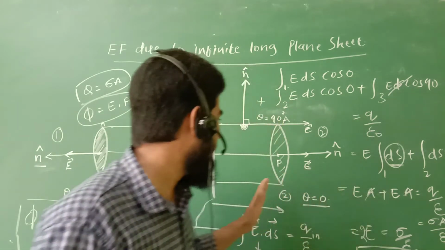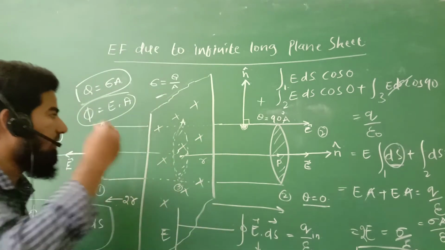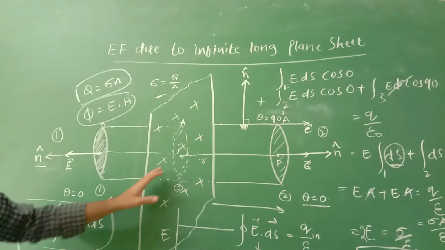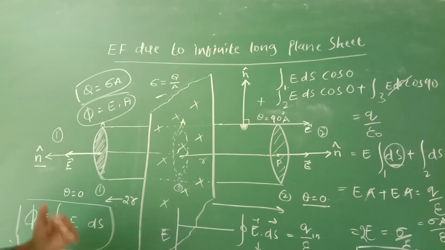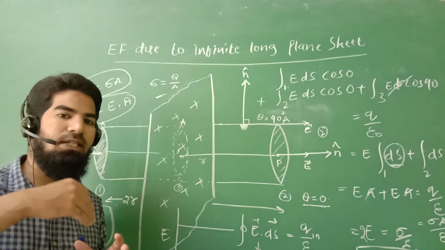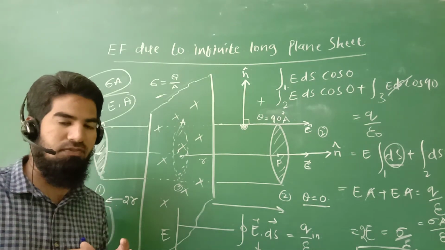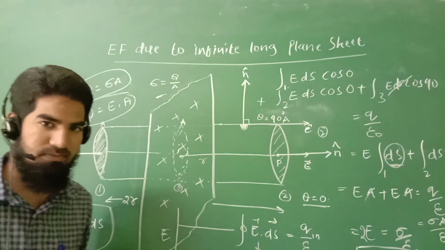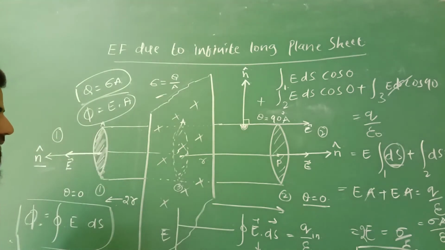A conducting surface produces an electric field on the inner surface as well as the outer surface.